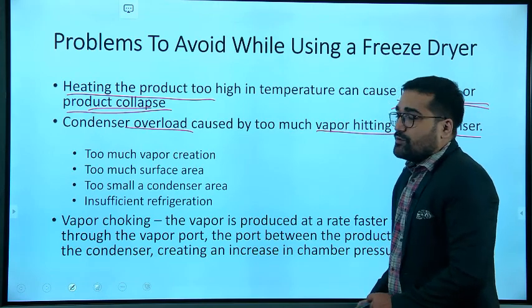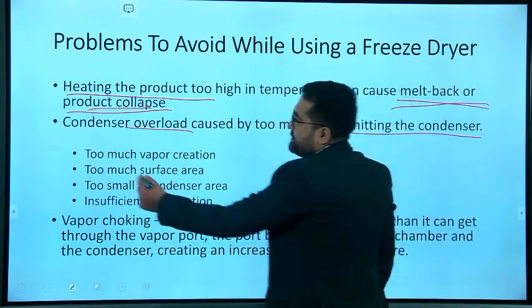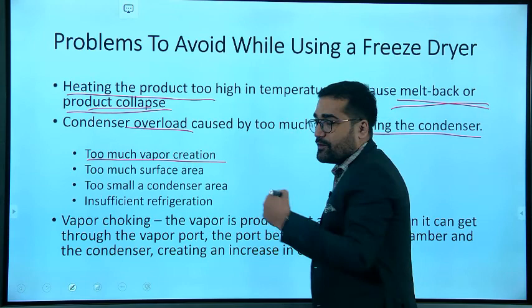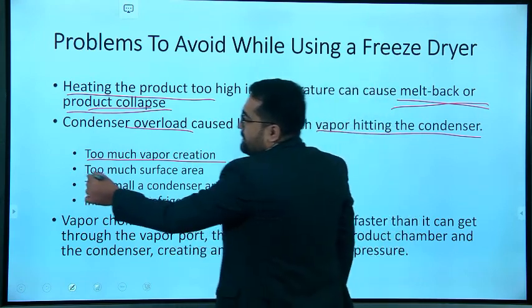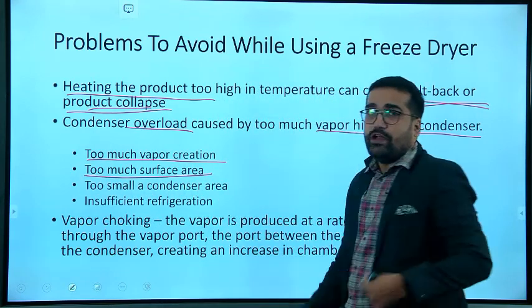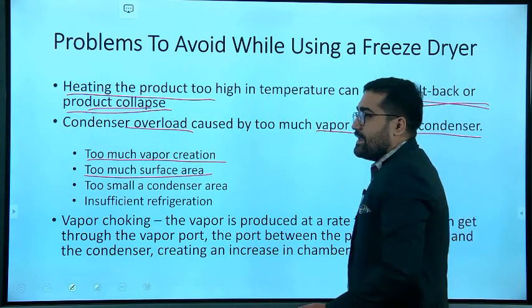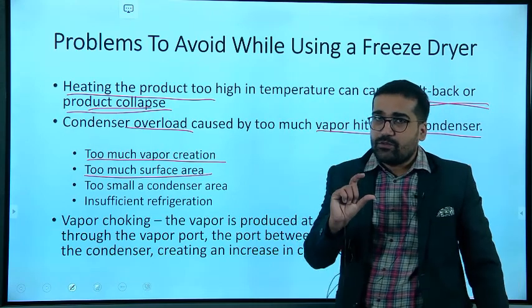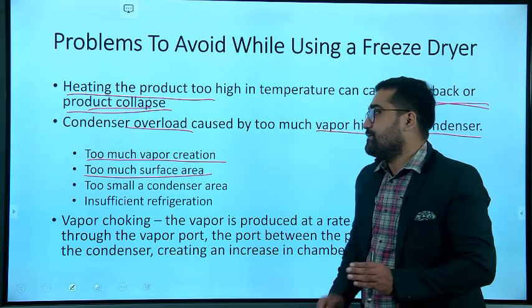So why does this occur? When too much vapor is forming inside the product, or when the surface area of the product is too large. We can increase the width of the product to reduce the surface area.